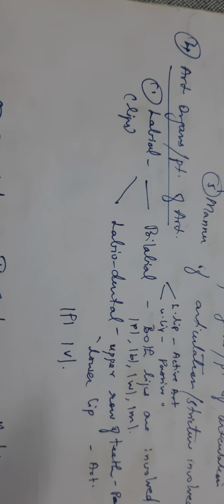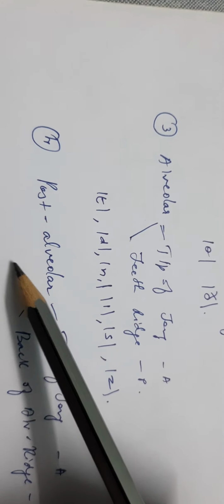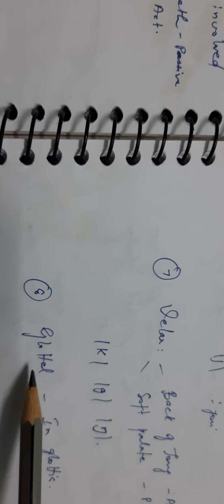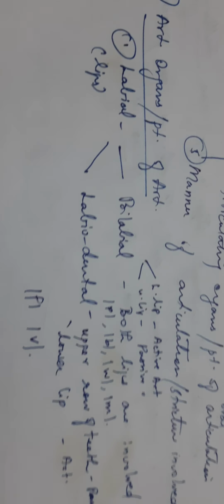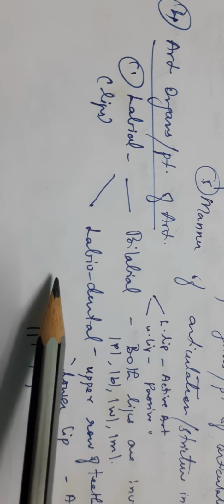First is labial, second dental, third alveolar, fourth post-alveolar, fifth palato-alveolar, sixth palatal, seventh velar, and eighth glottal. Now we'll go on to the first one, labial. Labial is divided into two classifications, bilabial and labiodental.